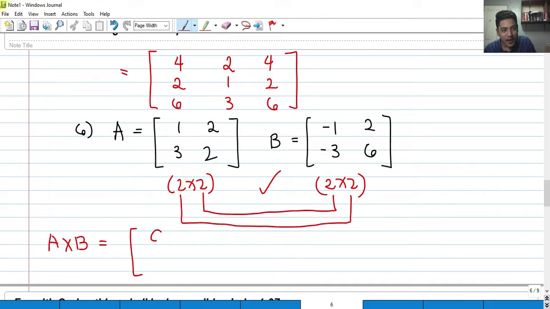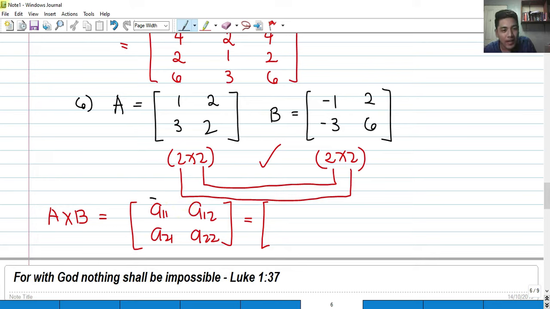So we have A11, A12, A21, and A22. Again, what are we going to do? We're going to get the sum of the products of all the rows and columns depending on the position of the element we're going to get. For A11, row 1 multiplied by column 1.